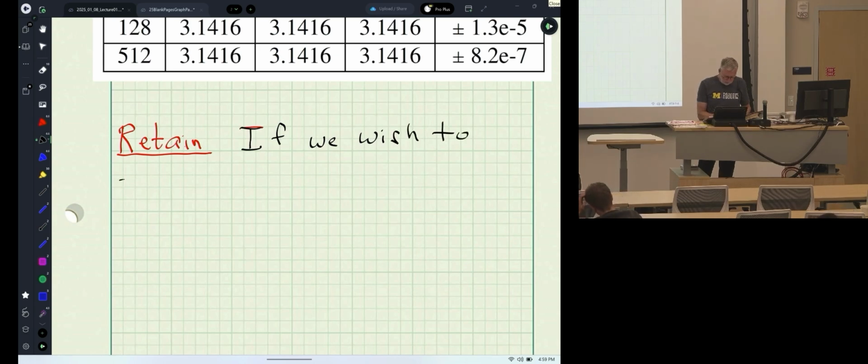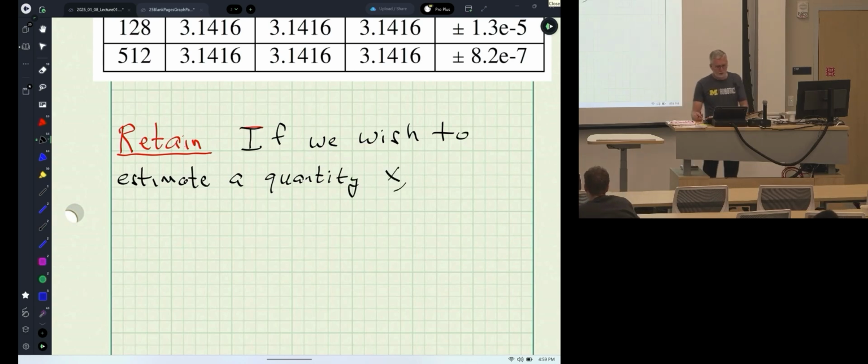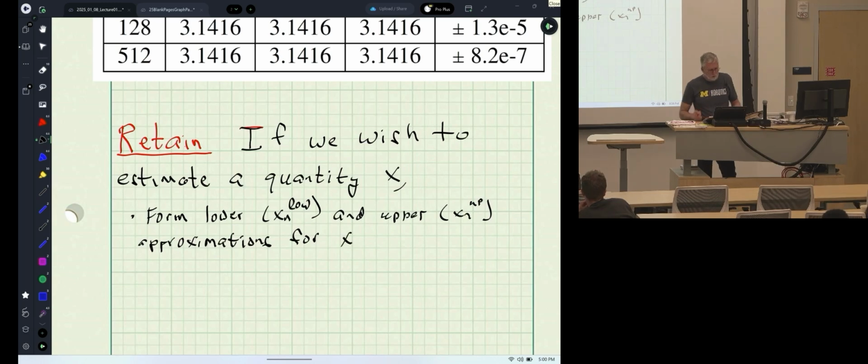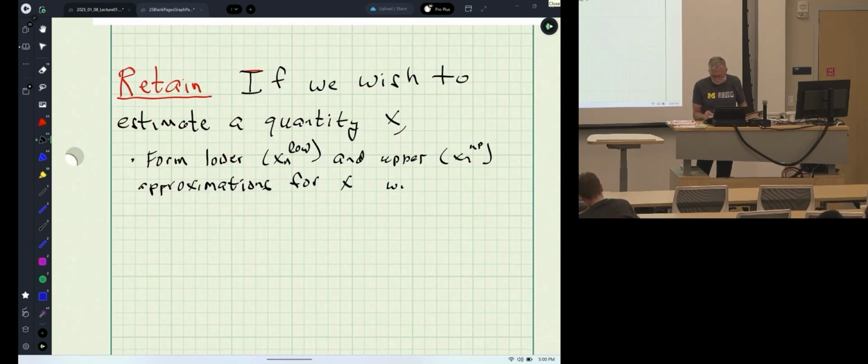If we wish to estimate a quantity x, we'll say, form lower xn low and upper xn up approximations for x, and here I'll put of course, okay?